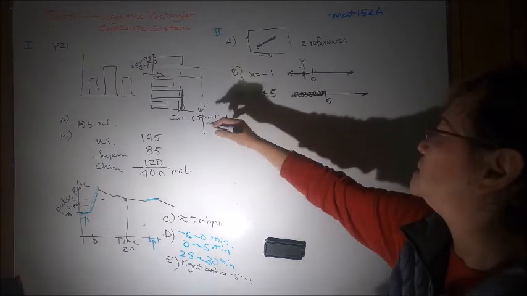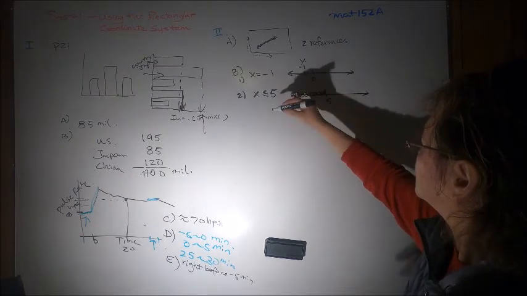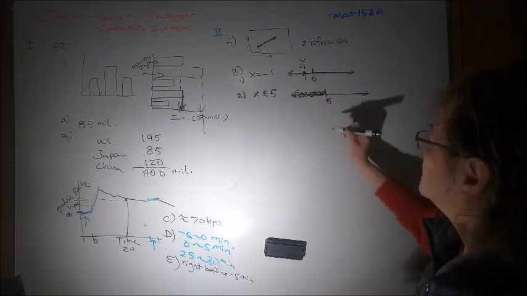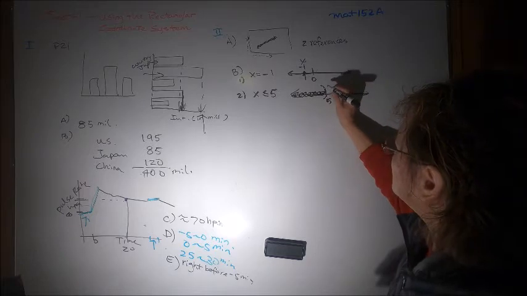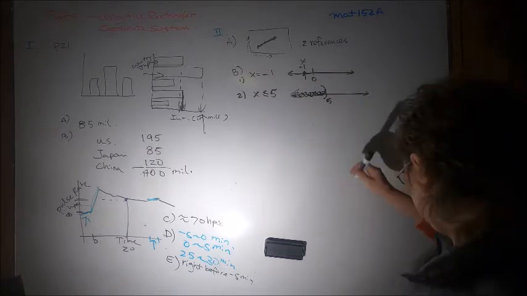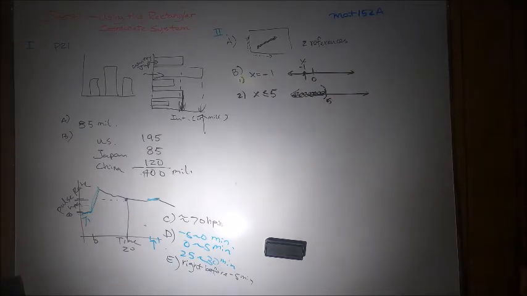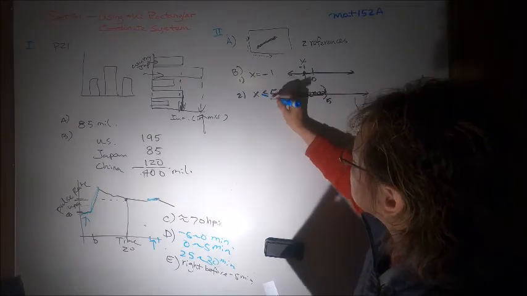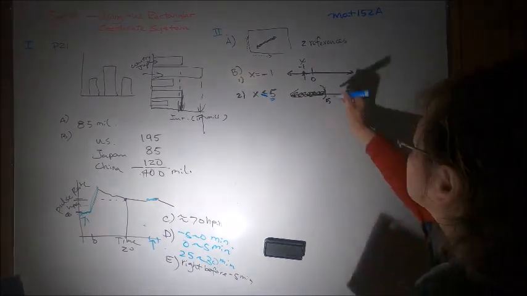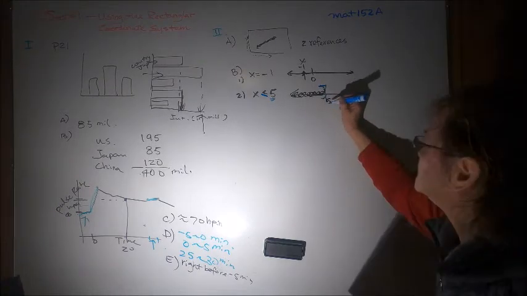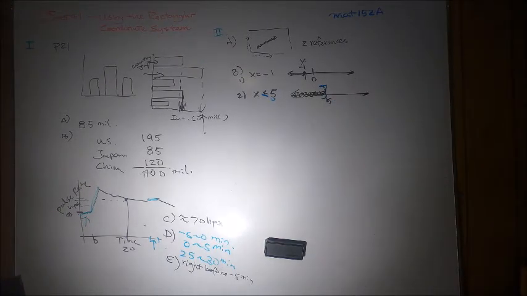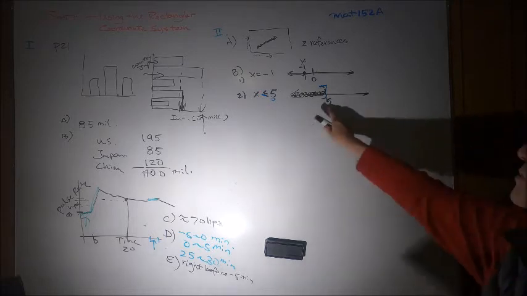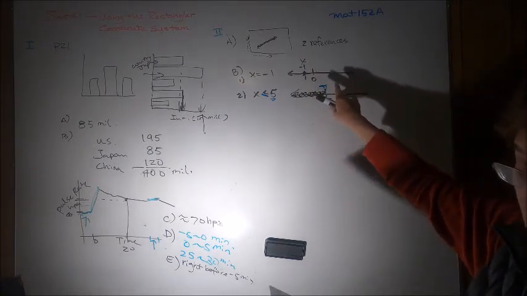Can be 4, 3, negative something, all the way up there to the left. So then we do include the 5. That means you have an equal sign here, means inclusive of 5. So we have to include the 5, then we use a bracket. Right? We did this before for using one reference.